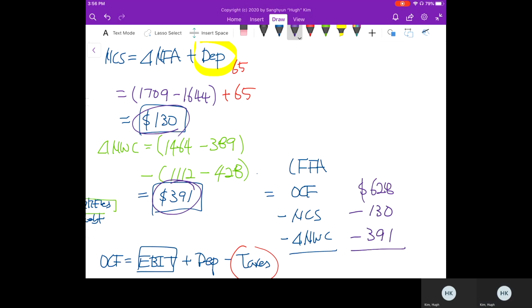So I believe this is $107 million cash flow from assets.